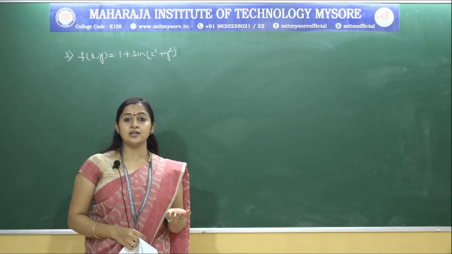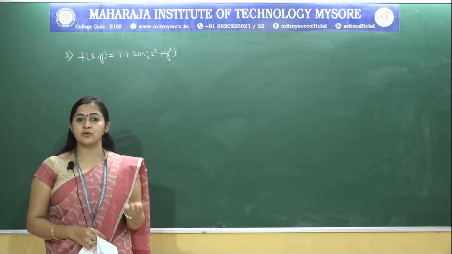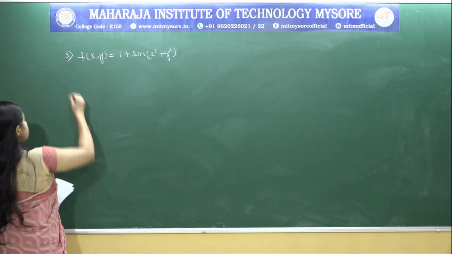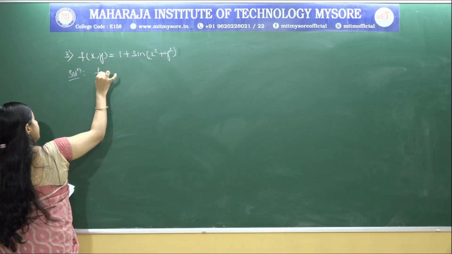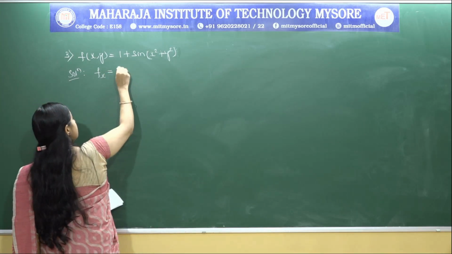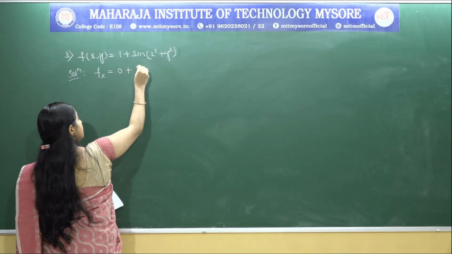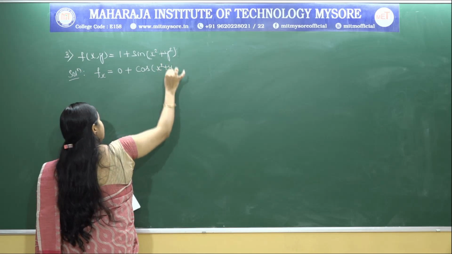So first, as usual, you have to consider the given function, differentiate with respect to x and y, then equate to 0. First I consider the given function. Next, find the first derivative with respect to x. The differentiation of 1 is 0, the differentiation of sine is cos of x square plus y square.